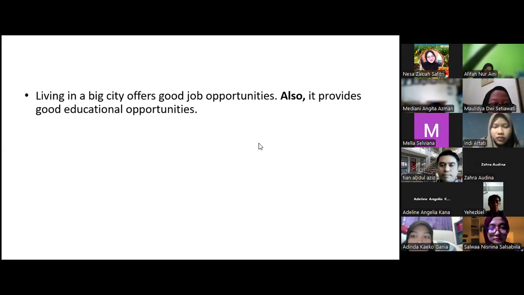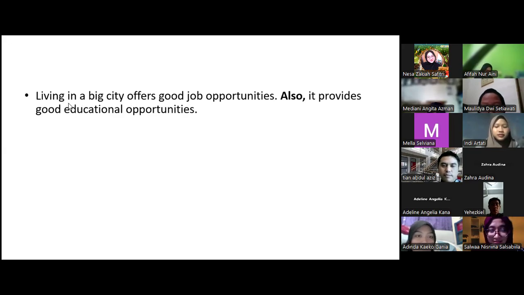Okay, Maulidia. Living in a big city offers good job opportunities. Also, it provides good educational opportunities. Okay, good. Here, the first sentence explains the advantage of living in the big city.